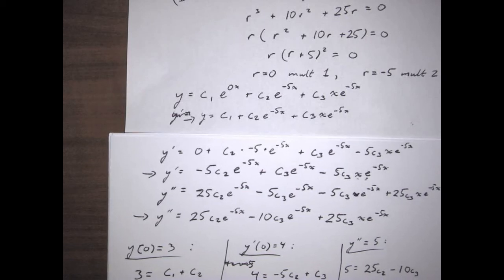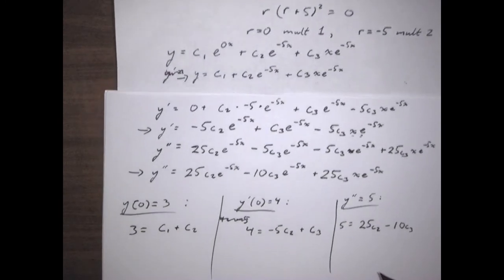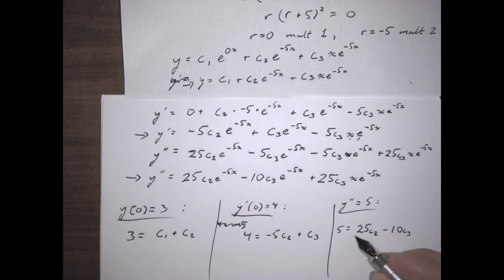Alright, well, we're getting somewhere here. And in particular, if you look at these two, well, first off, this one, we can divide everything by 5, and we'll have 1 equals 5c2 minus 2c3. And here, if you look at these two, they involve the same two variables.